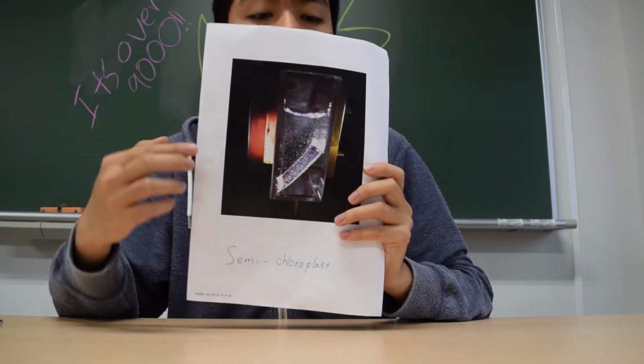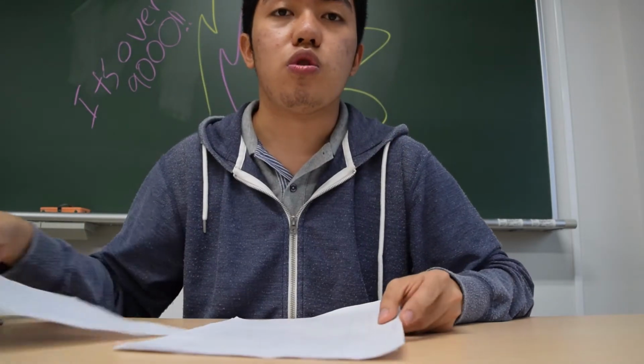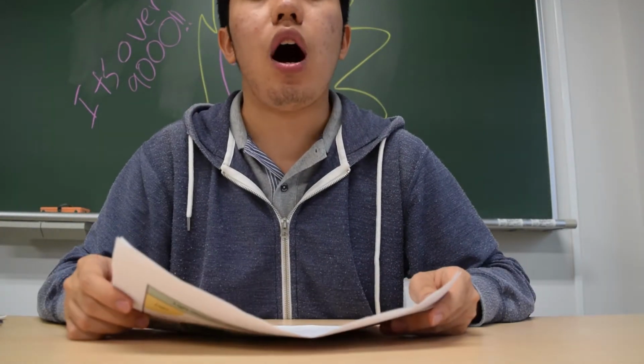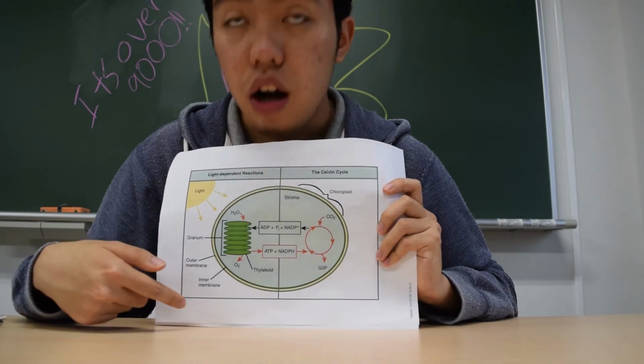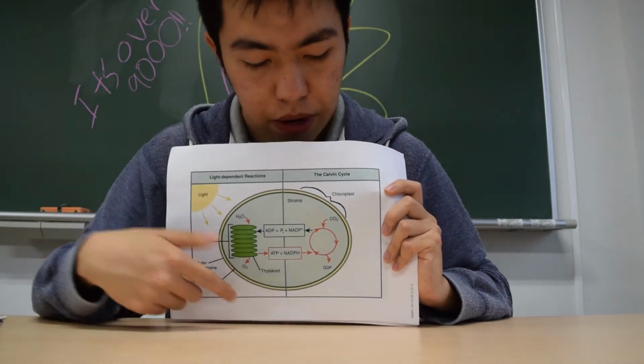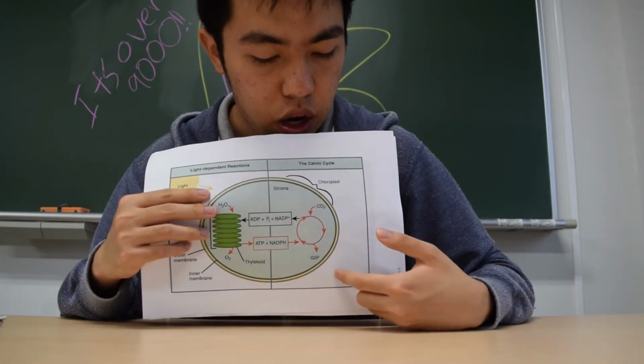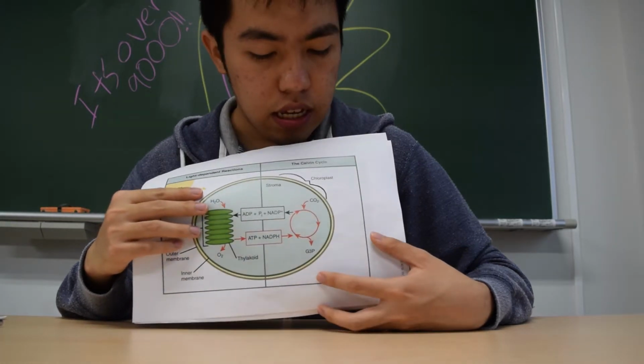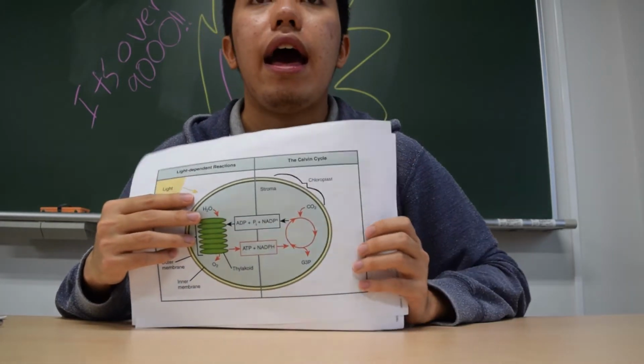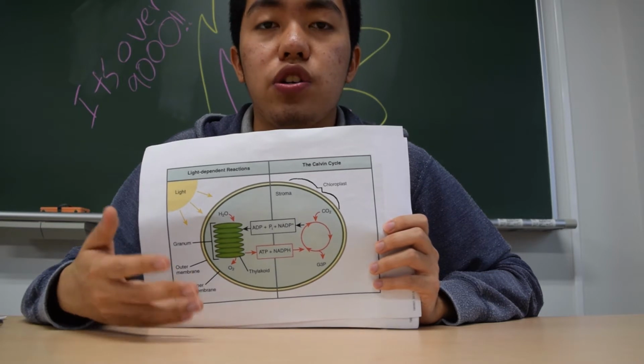You can also see at the bottom I wrote semi-chloroplast, because the chloroplast not only decomposes water but can also consume carbon dioxide. You can see the artificial chloroplast still does this part, but this part the artificial chloroplast doesn't do. And this is the carbon cycle. It's a big inspiration for me.